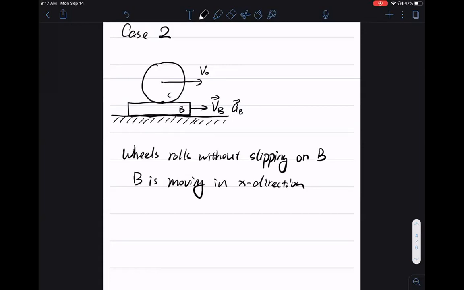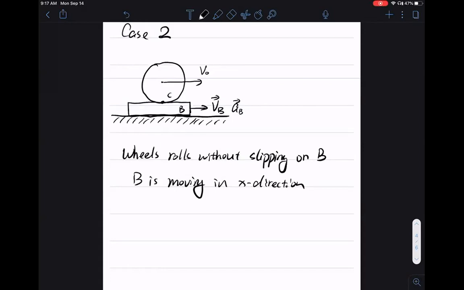So this is the second case for rolling without slipping. And this case is a little bit more complicated than the first case. Well, the special point is still the contact point C. So can you guess what is the velocity at point C? Is that 0 again?